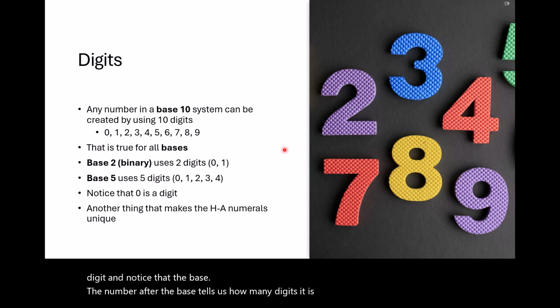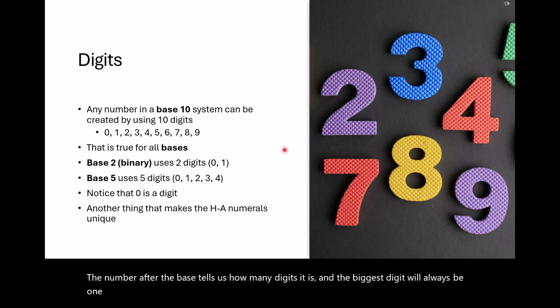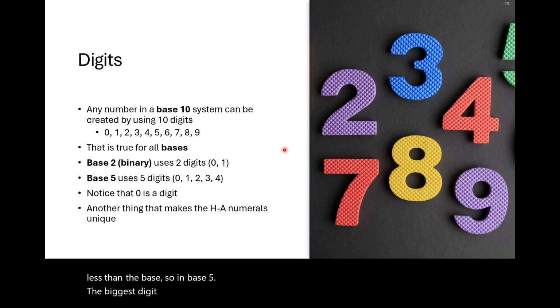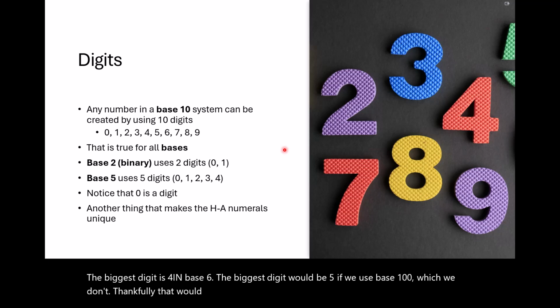And the biggest digit will always be 1 less than the base. So in base 5, the biggest digit is 4. In base 6, the biggest digit would be 5. If we used base 100, which we don't, thankfully, that would be a nightmare. But if we did, the biggest digit would be 99.